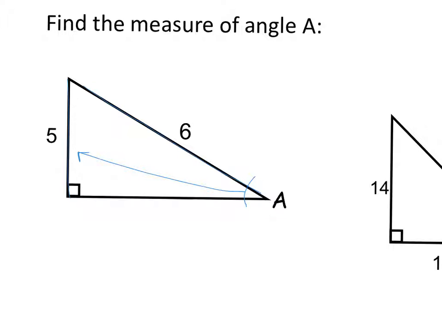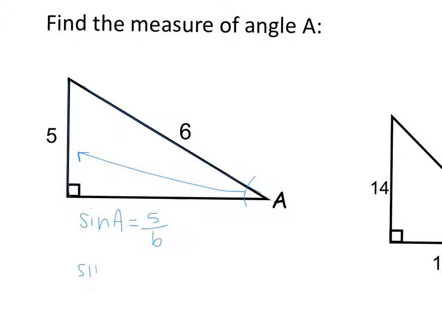So opposite and hypotenuse go with which trig function? You got it, sine. So I would say here, sine of angle A is equal to 5 over 6. But now I need to do the inverse trig here because I need to find the angle.